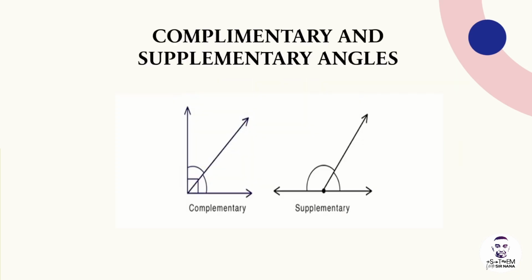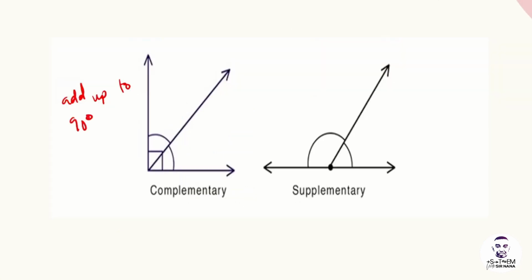And then we also have complementary angles and supplementary angles. When we have two angles that add up to 90 degrees, for instance, if I have 50 degrees plus 40 degrees, we know that gives us 90 degrees. We say that these angles are complementary. So complementary angles are angles that add up to 90 degrees, right?